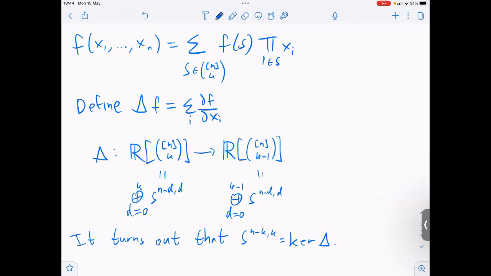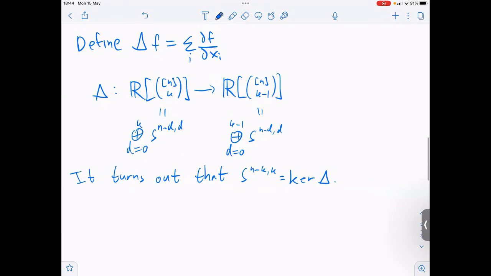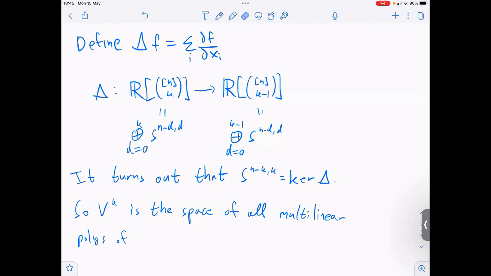Okay, so what does this mean? So V_k is the space of all multilinear polynomials which are homogeneous of degree k and in the kernel of delta.